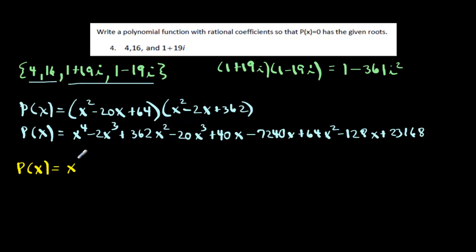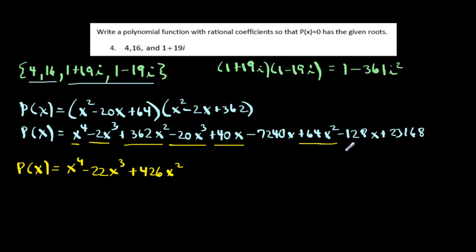We only have 1x to the fourth. For the cubes, we have negative 2x cubed and negative 20x cubed. That's going to be negative 22x cubed. For the x squareds, we have 362x squared plus 64x squared is going to be 426x squared.